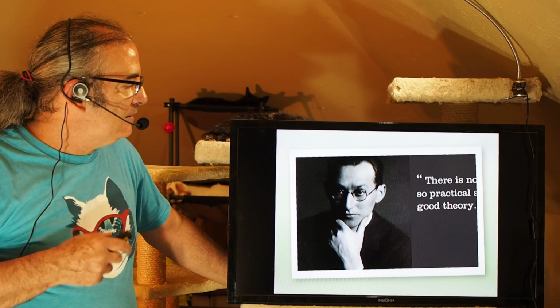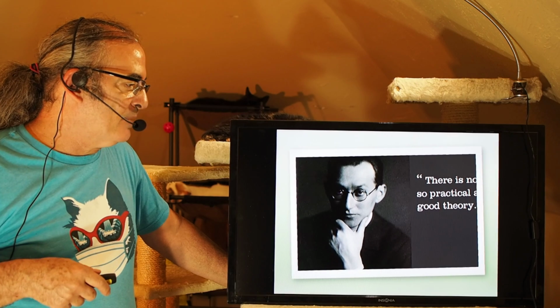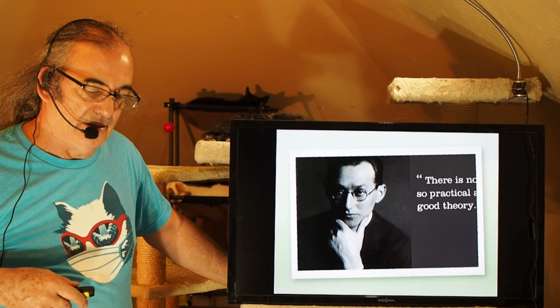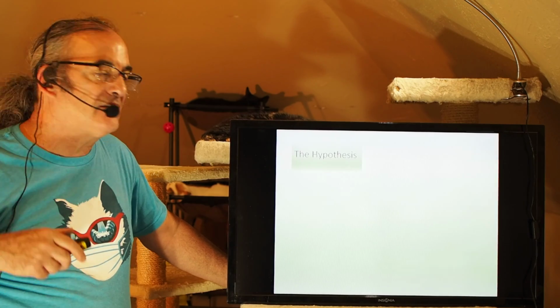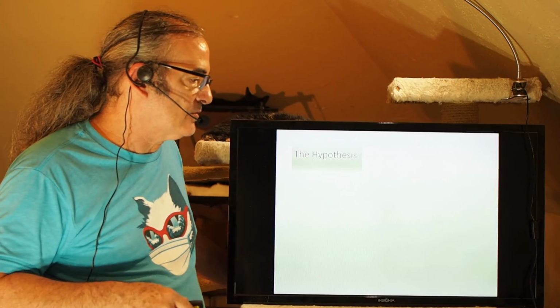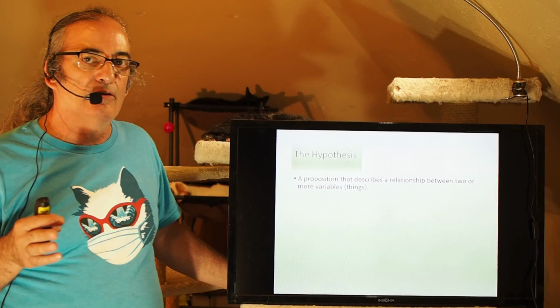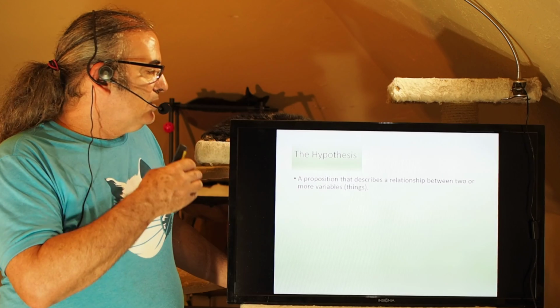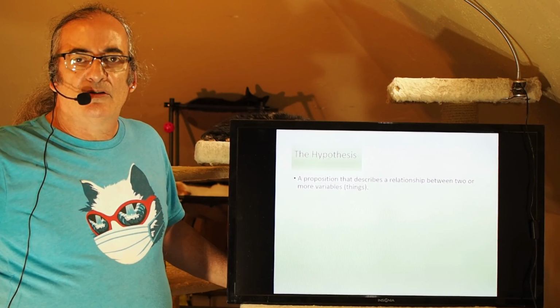Now, this is Kurt Lewin again. You remember him. There's nothing so practical as a good theory, according to Lewin. And one of the reasons is because a theory has the capacity to generate myriad hypotheses, right? Now, hypothesis, how is it different than a theory? And I know this is an issue for a lot of students. The theory is broad, it's conceptual, and it's not actually testable because it's too broad.